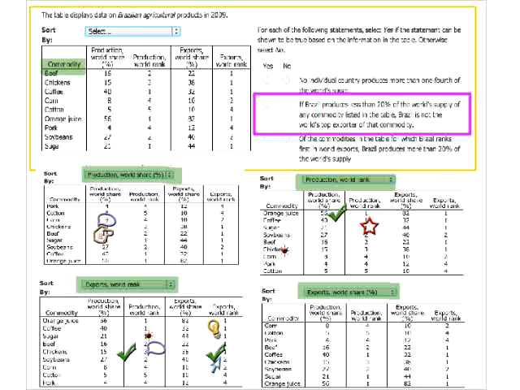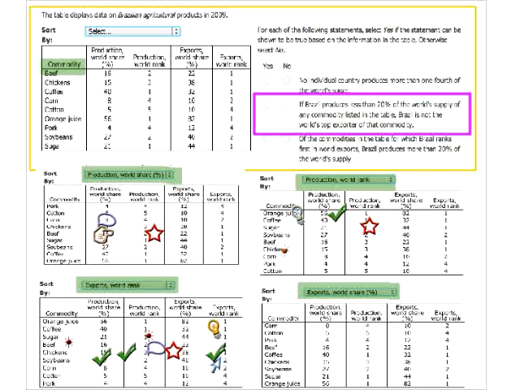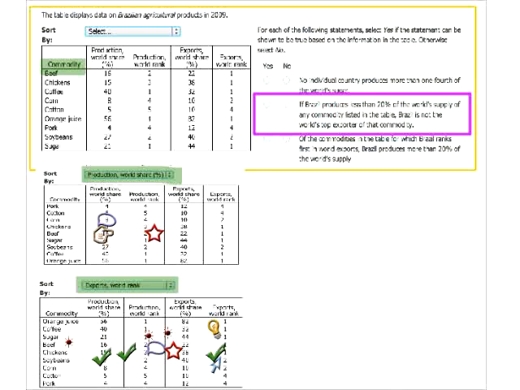Okay, so most of the pointers, it doesn't look like we have that many pointers. There's 24 of you guys here, so we should be seeing more pointers than that. But, okay, most of you guys seem to be pointing either at this or this. But let me ask you, it's not going to be these things, because rank in production is irrelevant, and world share of exports is irrelevant.